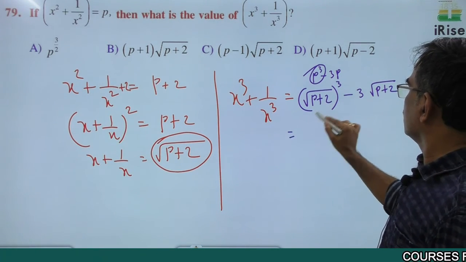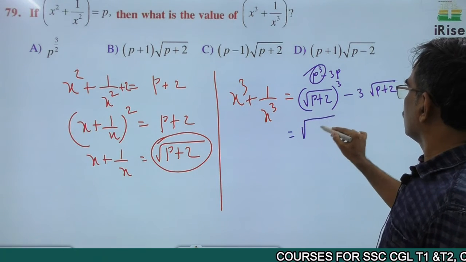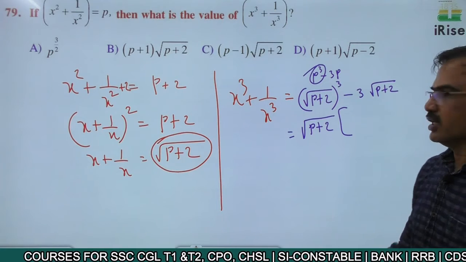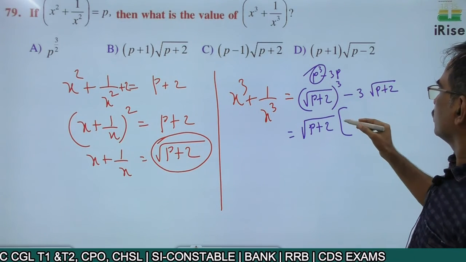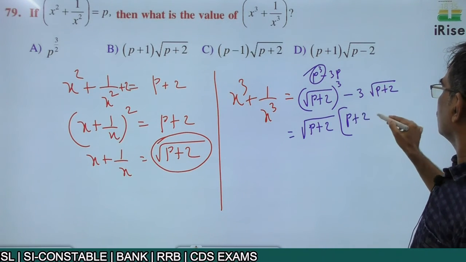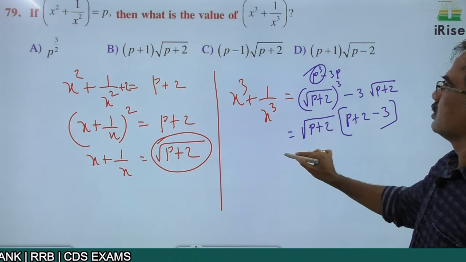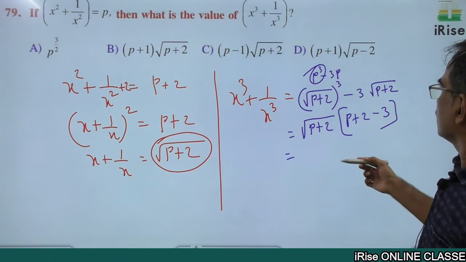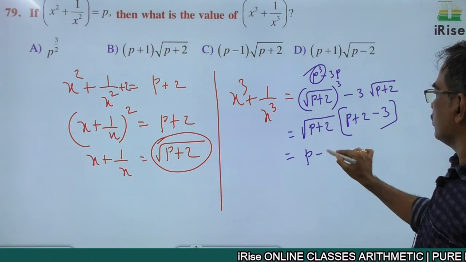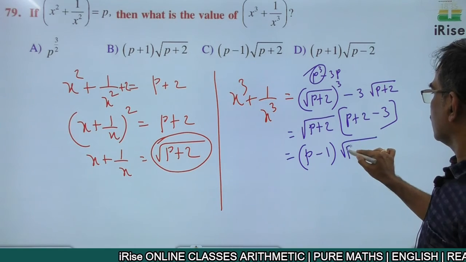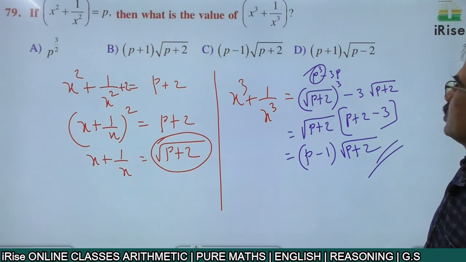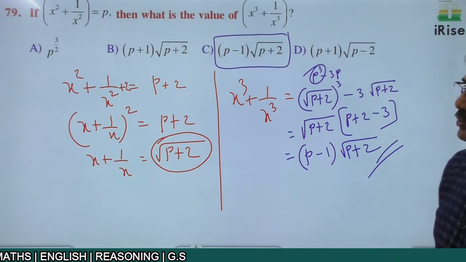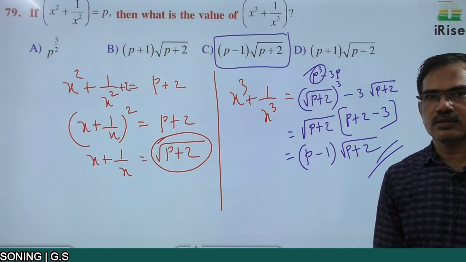This can be written with root of p plus 2 common, then root of p plus 2 whole square is nothing but p plus 2, minus 3. So p plus 2 minus 3 is p minus 1. So p minus 1 into root of p plus 2 is the answer for this question. Okay, next question.